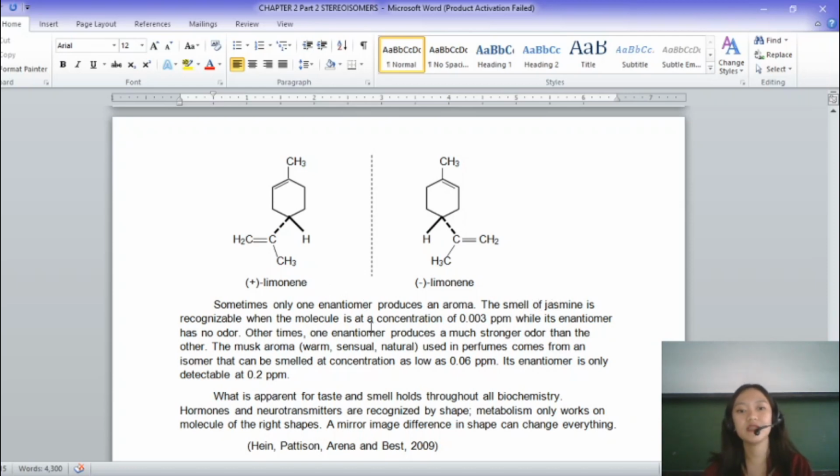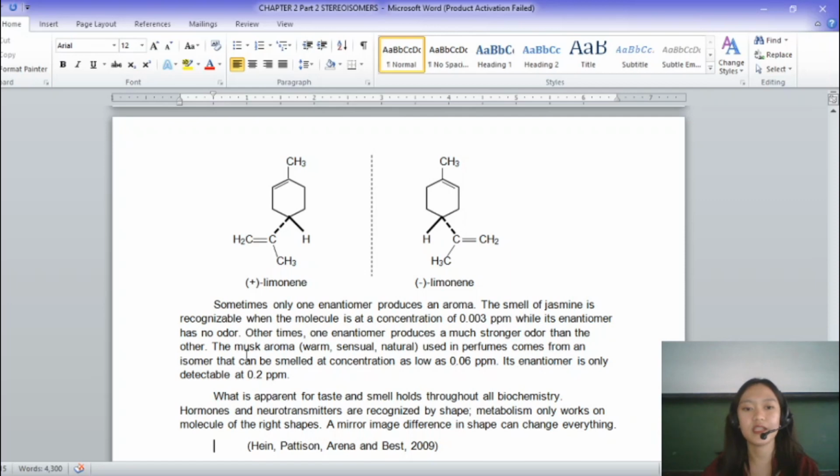The smell of jasmine is recognizable when the molecule is at a concentration of 0.03 ppm, while its enantiomer has no odor. Other times, one enantiomer produces a much stronger odor than the other. The musk aroma, warm, sensual, natural, used in perfumes, comes from an isomer that can be smelled in concentrations as low as 0.6 ppm.